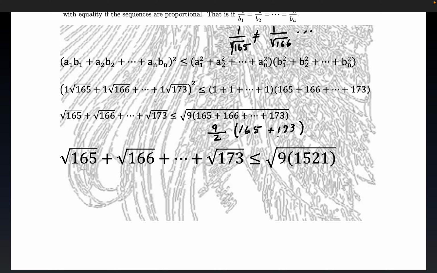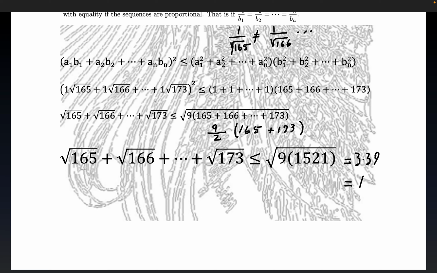Okay, and that ends up being this 1521 that you see right here. And so what do we get right here? This is equal to 3 times 37. Oh no, sorry y'all, this is 39, I believe.